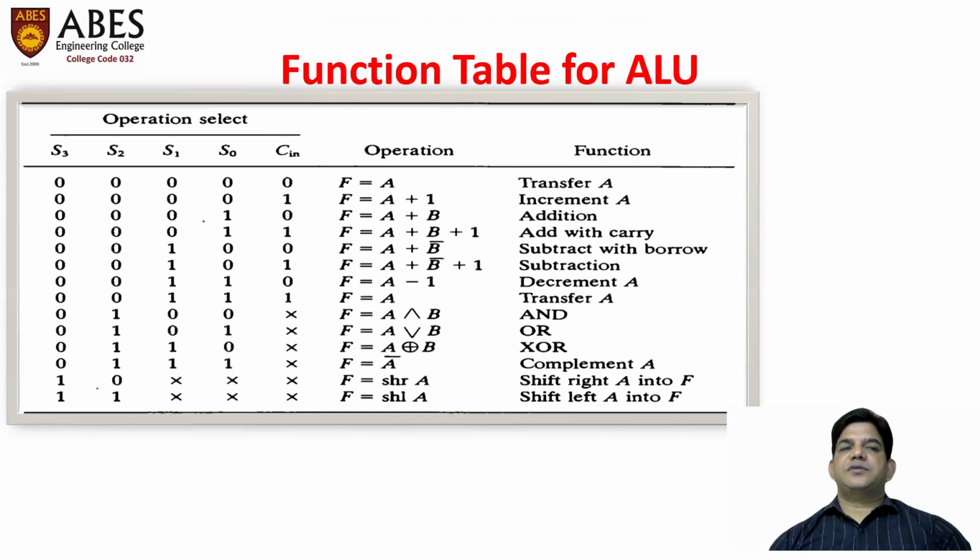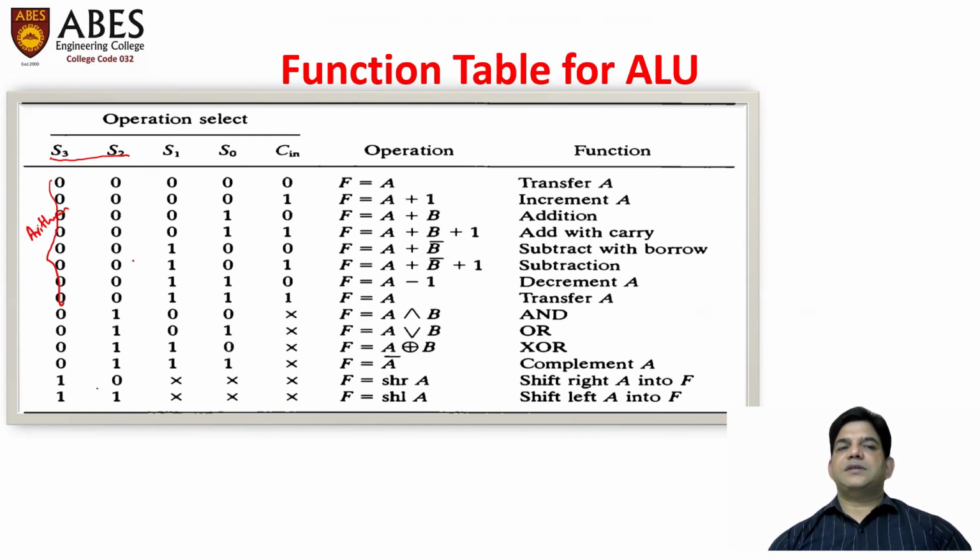Now, in the function table, S3 and S2 are used for selecting the operation, whether you have to perform the arithmetic operation, the logical operation, the shift right, or the shift left. When S3 and S2 are 0, 0, the multiplexer selects input 0, so it performs the arithmetic operation.